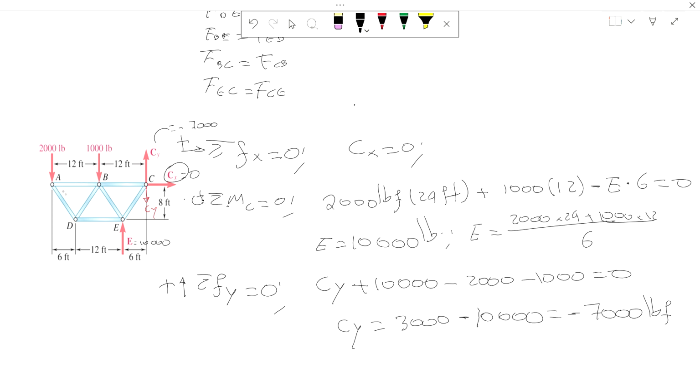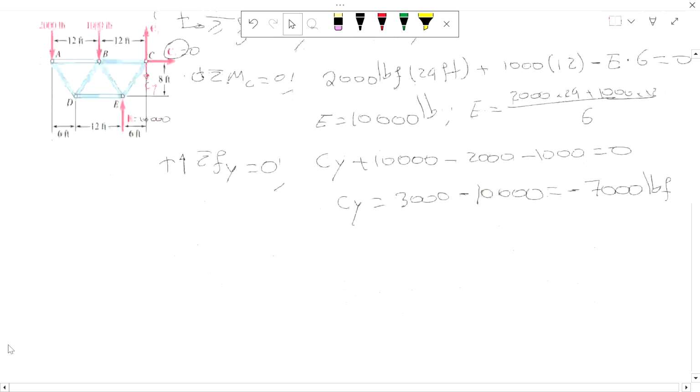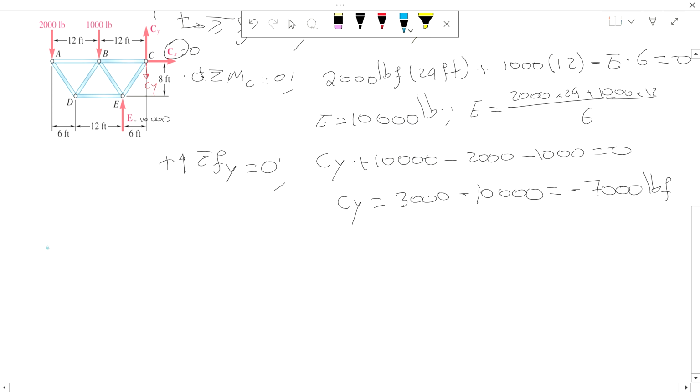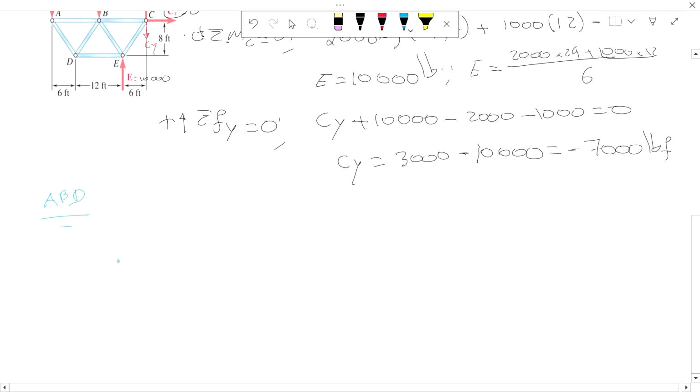Now we need to start finding A to D and A to B, and we can start from whichever point, but I think it's simpler if we start from, say, A to B. So A, B, D, element A, B, D. So that would be 12, point D, which is at 6.